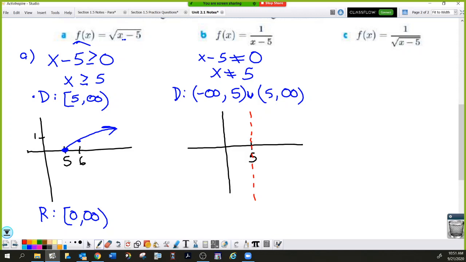Let's talk about plugging in a number remarkably close to 5, just to the left of it. Like the number 4.99999999999. Remarkably close to 5, right? Now if I plug in 4.9999999 and I subtract 5, do I have a positive number or a negative number? Negative number, and that negative number is ridiculously tiny, right?